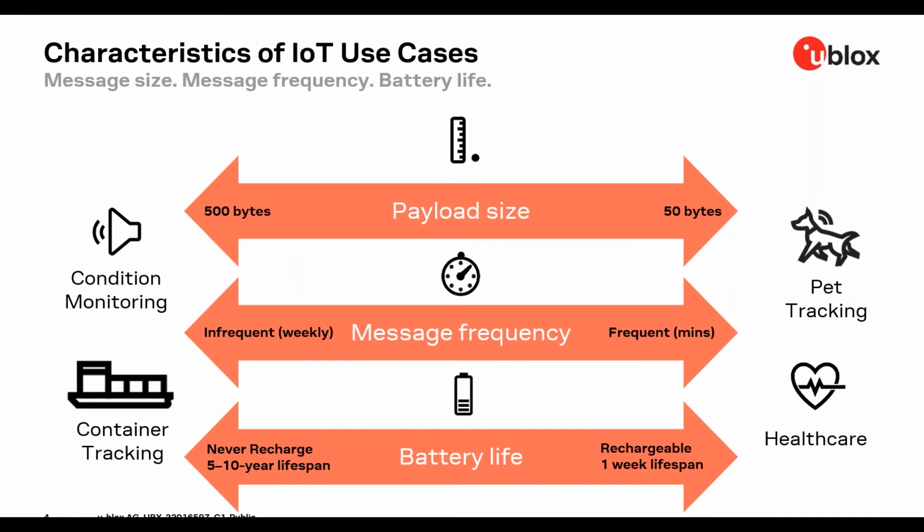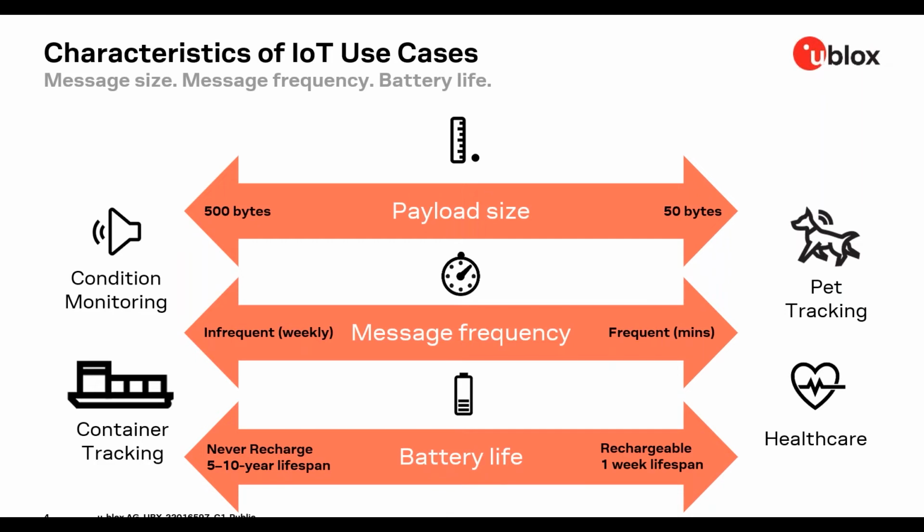When we consider IoT use cases, such as those, what emerges is really certain characteristics that define the scope and the range in which these use cases reside. And those are shown here. We might consider condition monitoring, container tracking, pet tracking, or connected healthcare. We become concerned about the payload size. That payload size might be between 500 bytes or even as small as 50 bytes.